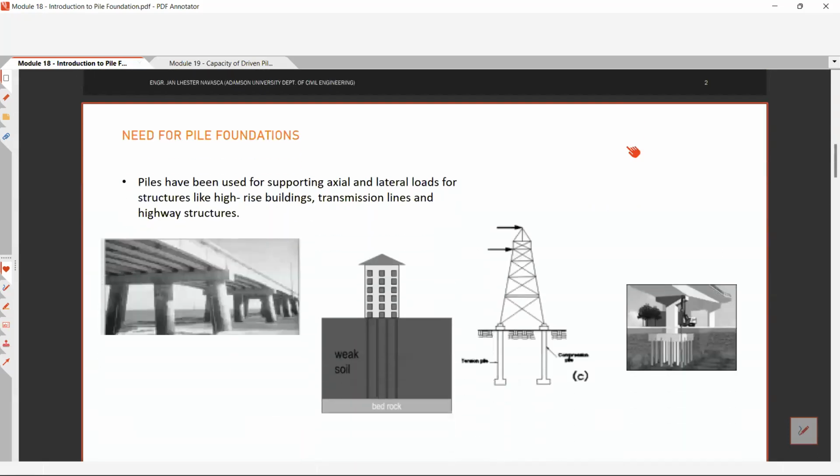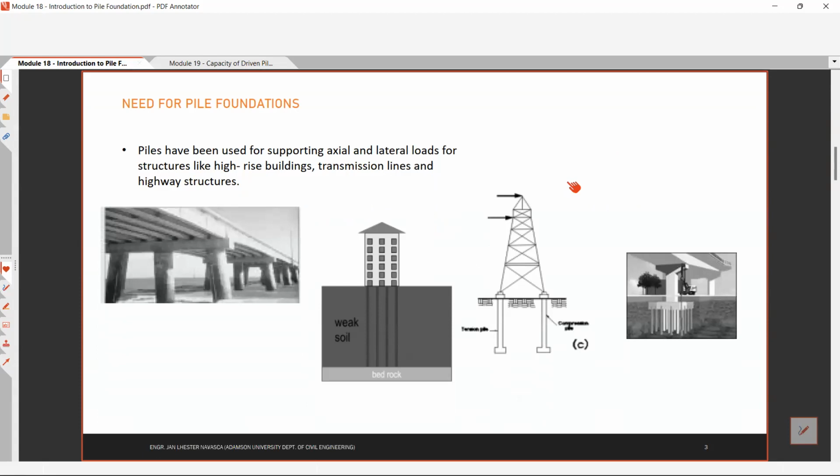So for the need of pile foundation, kailan ba pwedeng ano yung criteria or scenario para masabi na need mo mag-pile foundations? Number one, piles have been used for supporting the axial and lateral loads for structures like high-rise buildings, transmission lines, and highway structures.